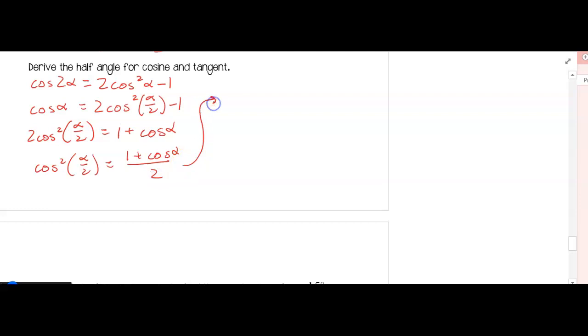And again, we'll take the square root of both sides. Cosine alpha over 2 is equal to plus or minus the square root of 1 plus cosine alpha over 2. And again, wherever our theta over 2 is, that's going to determine whether it's positive or negative.